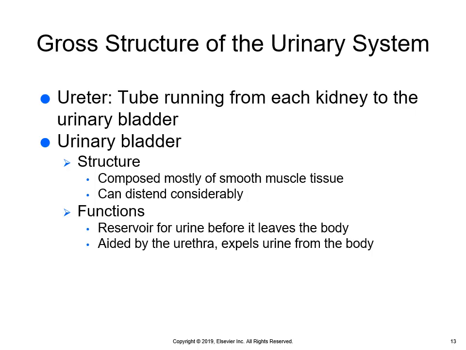When it's time to use the restroom, the bladder contracts and the urine is expelled through the urethra. The urethra allows the urine to leave the body. So again, the kidneys make the urine, the ureters transport it, the bladder stores it, and the urethra gets rid of it.